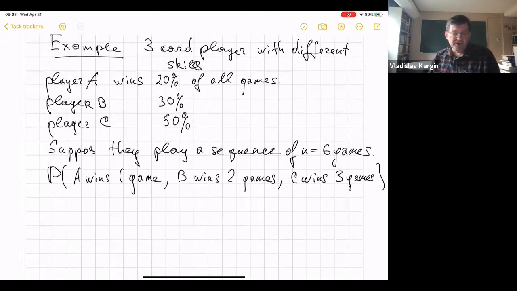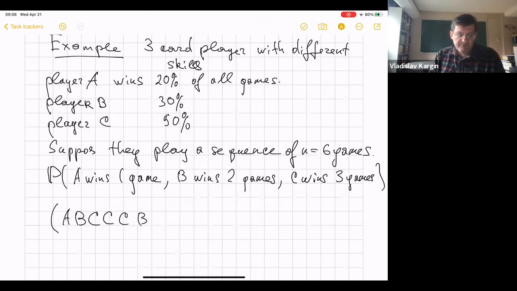Now if you look at this, you realize that this is a multinomial random variable, because you have a sequence of 6 games, and each game results in a win by 1 person. So if person A wins the first game, this is an outcome of type A. A typical outcome will look something like A, B, C, C, C, B. So this is 6 games, and you count the number of outcomes of each type.